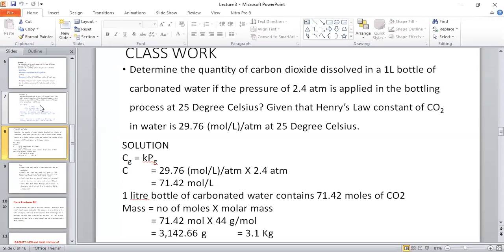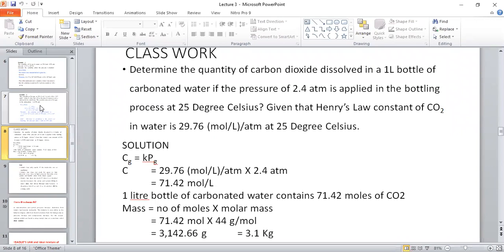So now the mass, how many grams have been added, you get as 3,142.66 grams, which is the same thing as 3.1 kg.